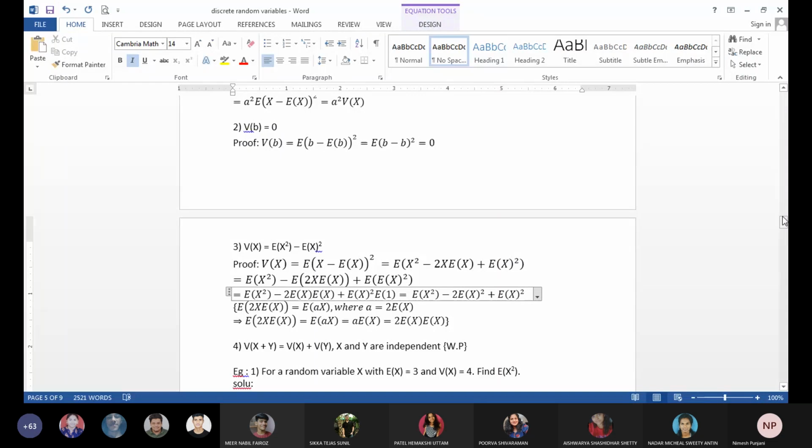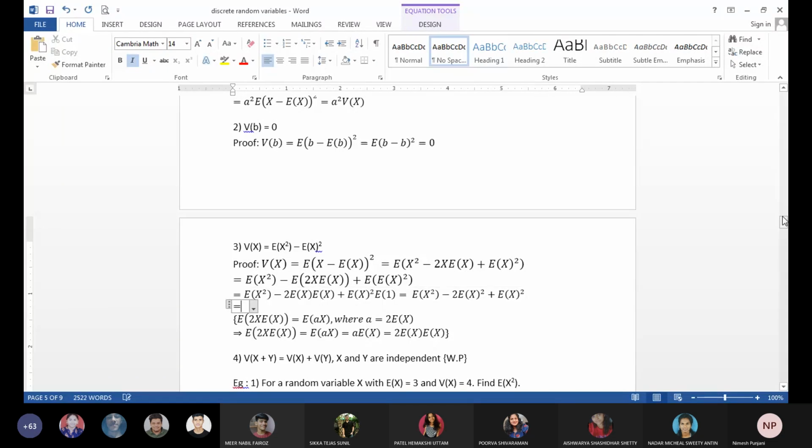So I can write it like this, and this gives me expected value of x square minus expected value of x the whole square, because I am getting minus 2 times expected value of x the whole square plus expected value of x the whole square.